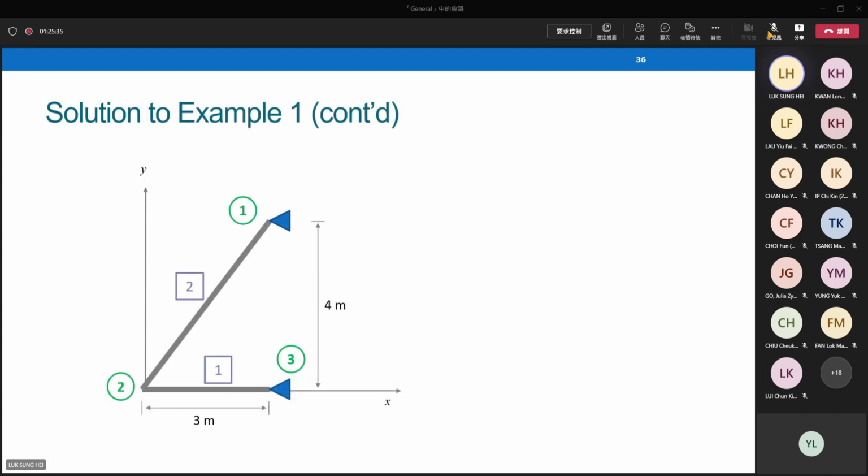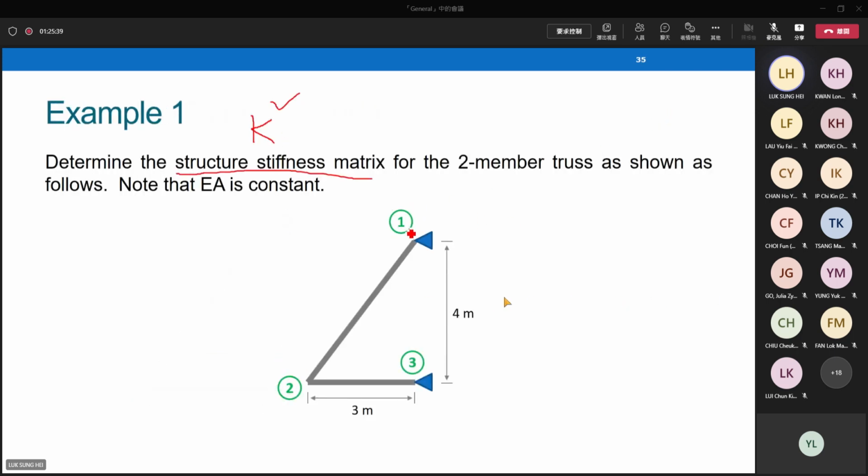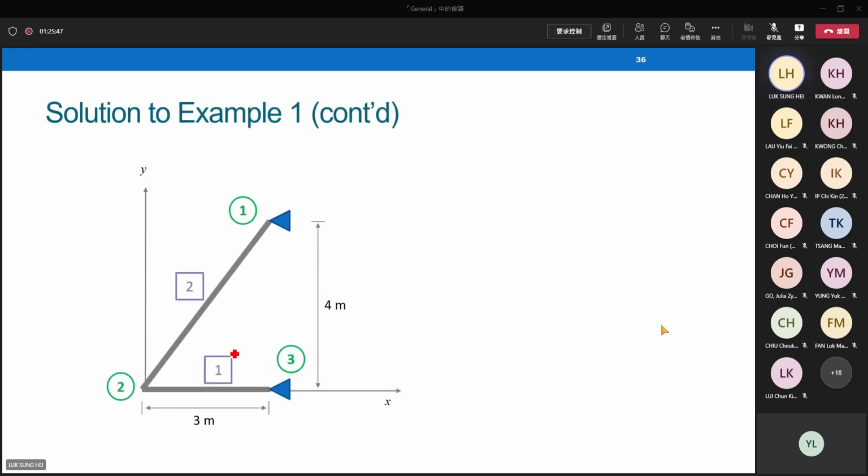So in step 1, discretization, in this problem I give you 3 nodes: node 1, node 2, node 3, which means that we can divide the structure into 2 elements, element 1 and element 2. This is quite straightforward, right? I mention this because if you want to know more about the structure, you can add some intermediate nodes.